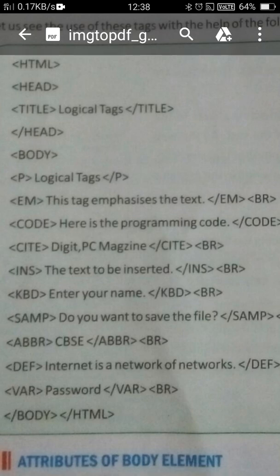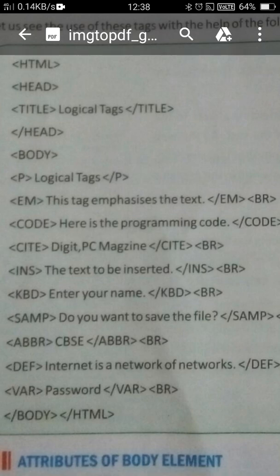Next one is insert, ins. It's for inserting text in between other text, and this will be displayed as underlined text. KBD identifies the text that displays the input from the user using the keyboard. And sample, SAMP, this represents the sample output from a computer program.